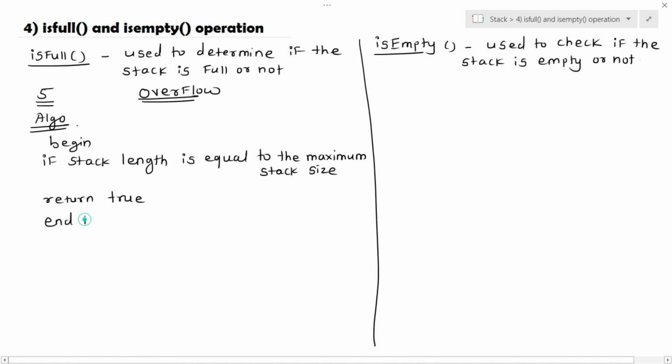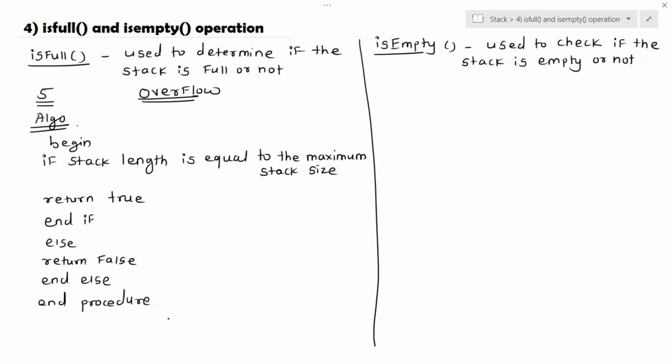So here end if, and then if this condition is false, go to the else part and return false. Then end the else part and then end the procedure. This is a very simple algorithm. First we check whether the stack is full or not. If the stack is full, then it returns true, otherwise it returns false.